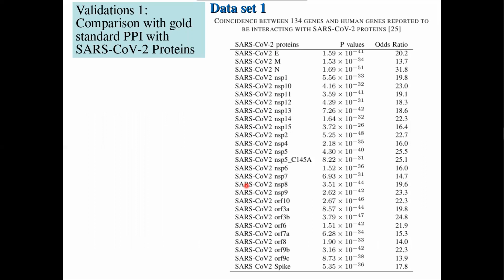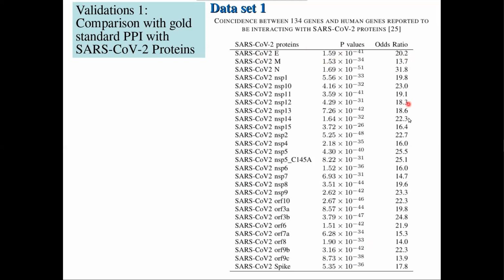But before closing my talk, I would like to also compare my result with two gold standard datasets. The first gold standard dataset is SARS-CoV-2 protein interacting proteins. Here are the SARS-CoV-2 proteins, and this p-value means these SARS-CoV-2 proteins significantly interact with the genes we have selected in dataset 1.